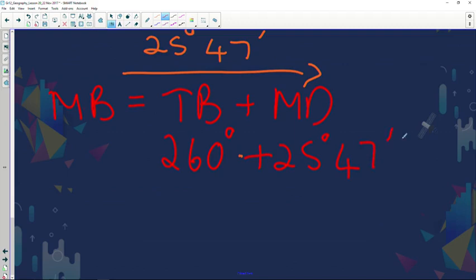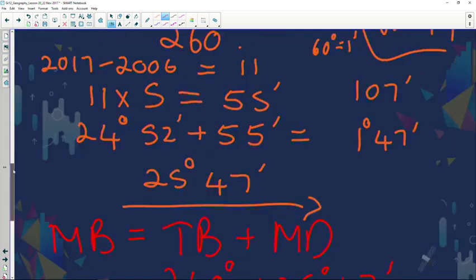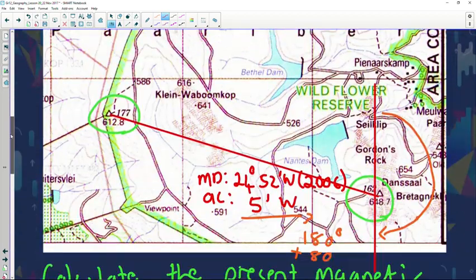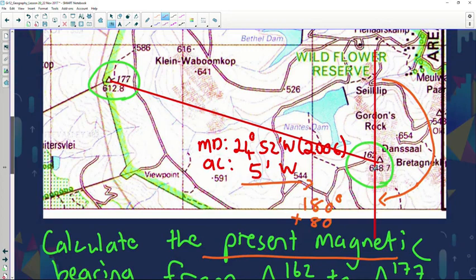So what's our correct answer? 260 plus 25 degrees 47 minutes gives me 285 degrees and 47 minutes west. That will be the correct answer for the magnetic bearing from Trick beacon 162 to Trick beacon 177.